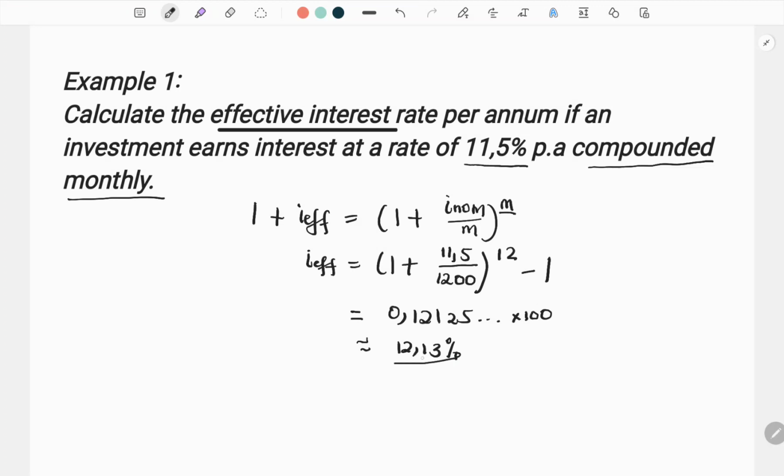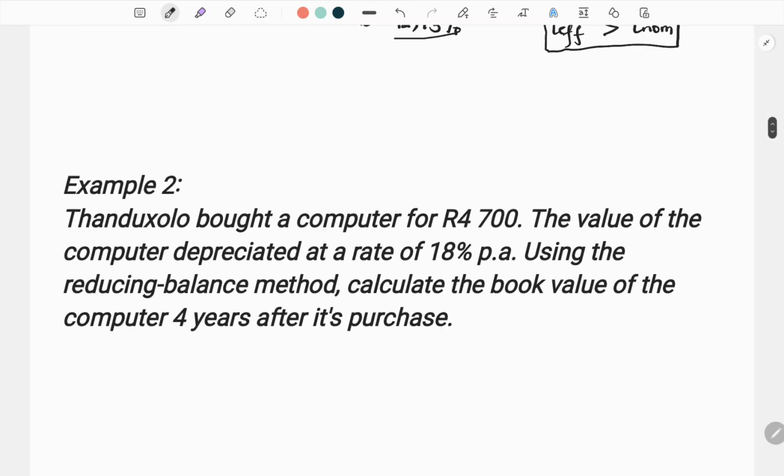That is the effective interest rate. And let me teach you something very important. The effective interest rate is always bigger than the nominal. You will observe when you do your calculations that the effective interest rate is always bigger than the nominal.